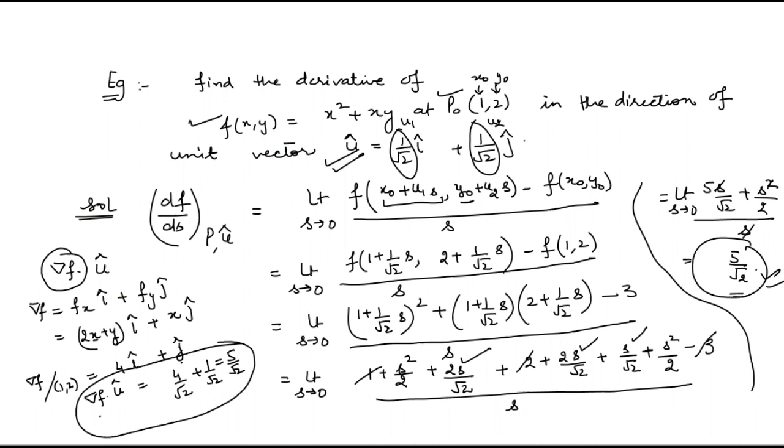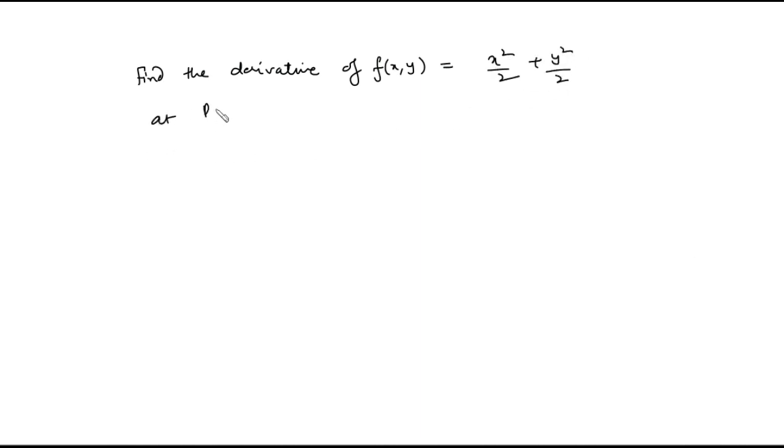So now just see one more example. Find out the derivative of the function x square by 2 plus y square by 2 at a point (1, 1) in the direction of minus i plus j vector.